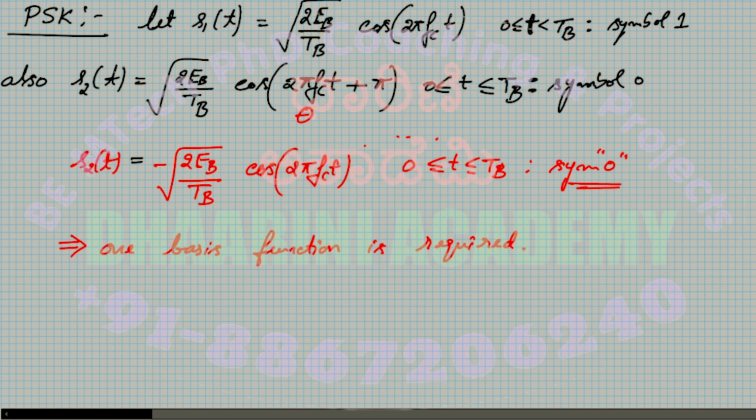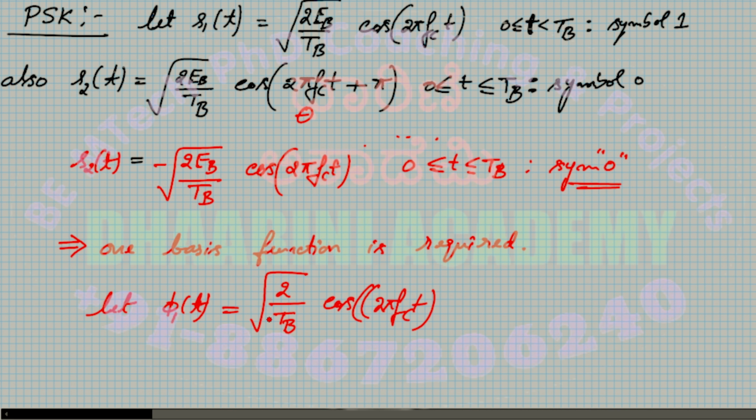Let phi 1 of t, once again I require only one, that's why I'm writing simply phi 1 of t. So phi 1 of t is equal to, similar notation, root of 2 by TB into cos of 2 pi FCT, for 0 less than or equal to t less than or equal to TB.